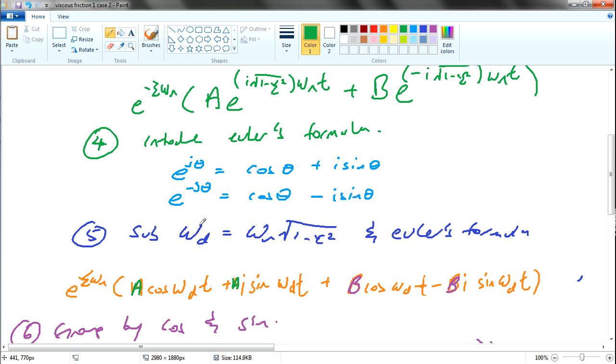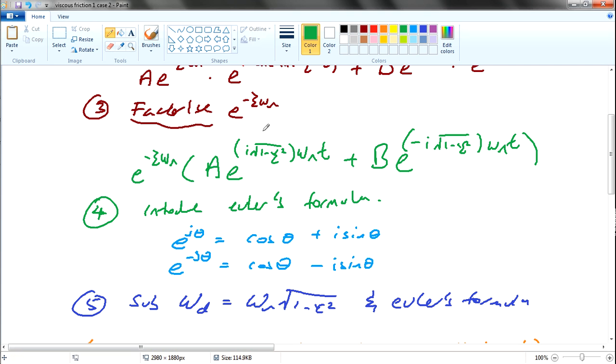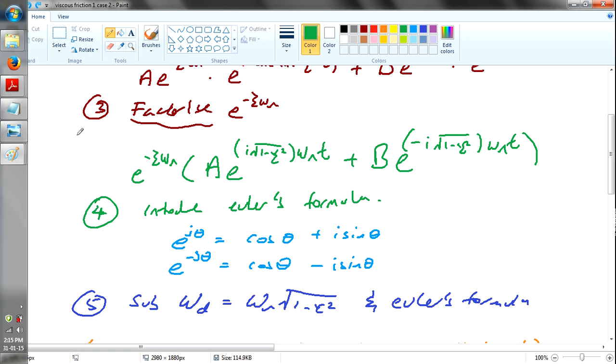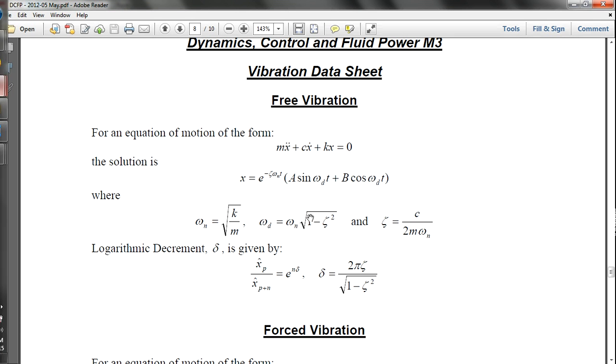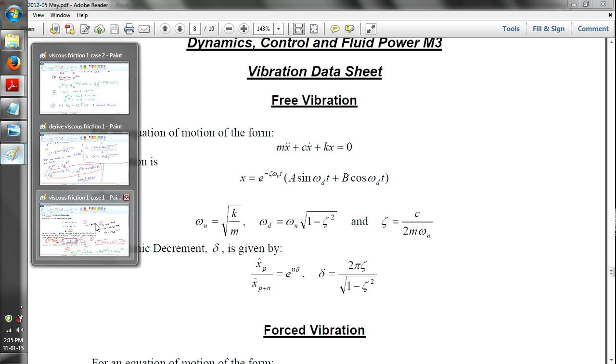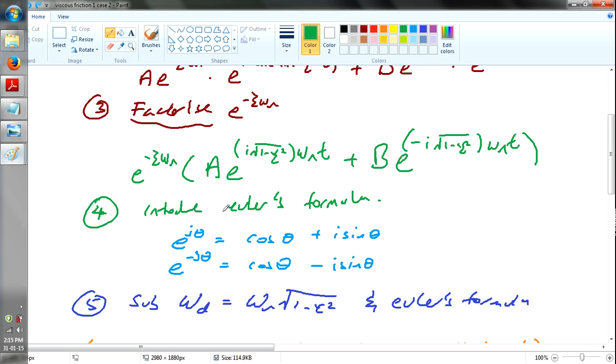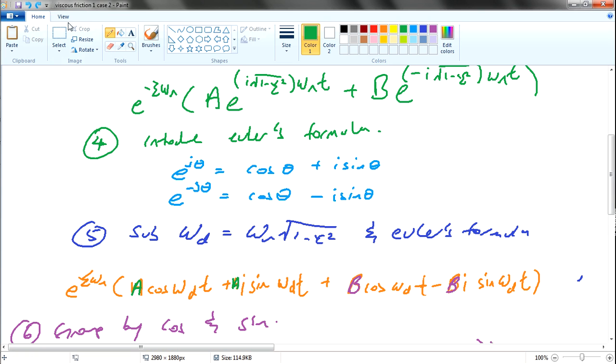Now you have to sub in ωd, which is given in your formula sheet over here: ωd equals ωn times the square root of 1 minus the damping factor squared.